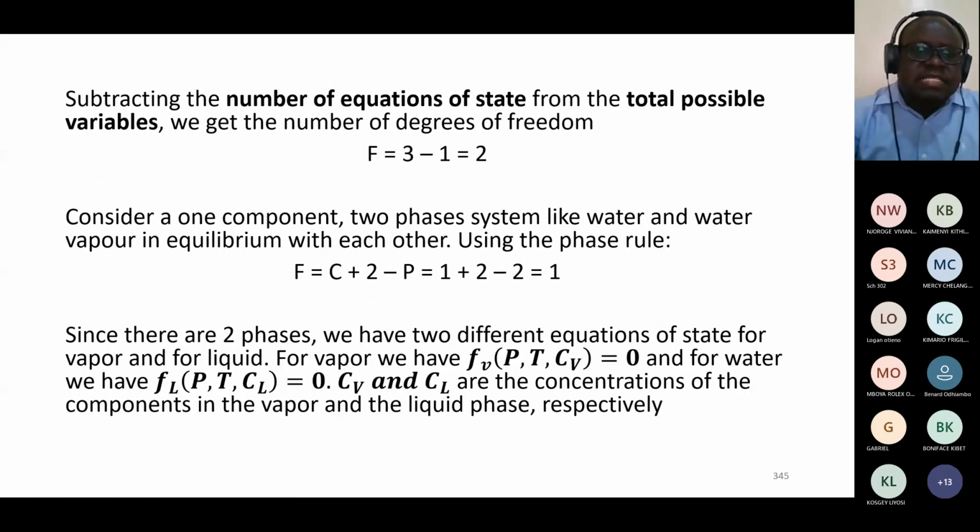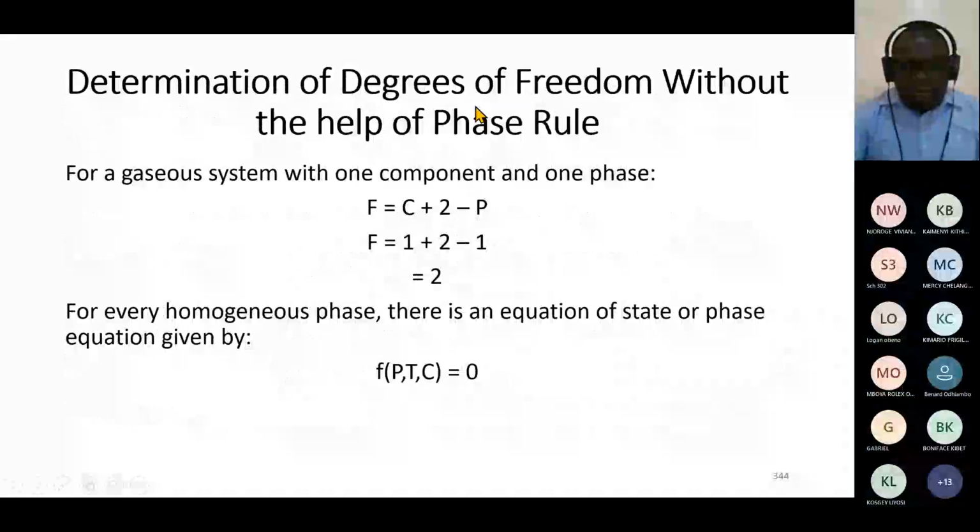Now, subtracting the number of equations of state from the total possible variables, we get the degrees of freedom. Essentially, that is how you determine the degrees of freedom without using the phase rule. It is the total number of variables minus the number of equations of state. In this case, the variables are P, T, and C.